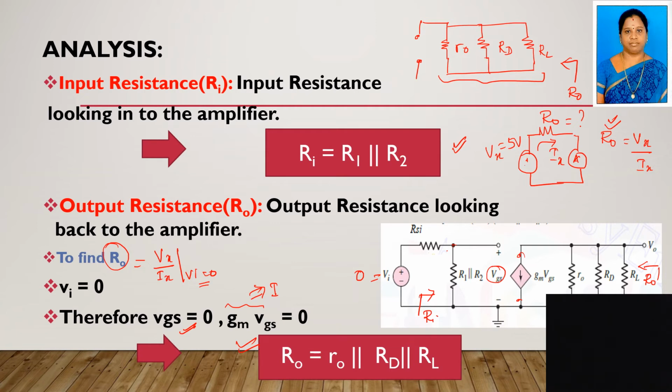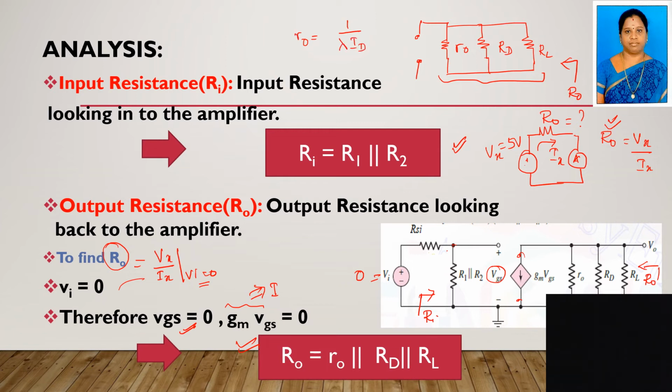Okay, so how to calculate R0? We have seen in the previous session the formula, R0 equal to 1 by lambda into ID.